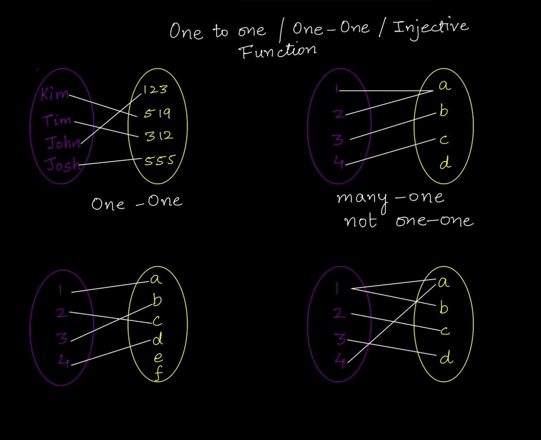Each element in the domain is related to a unique element in the codomain. So this is 1-1 function. In the fourth case, the element 1 in the domain got two images. So this is not even a function. So if it's not a function, there is no case of 1-1 or not 1-1. It's not a function.